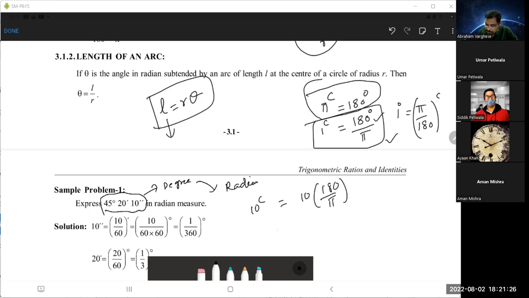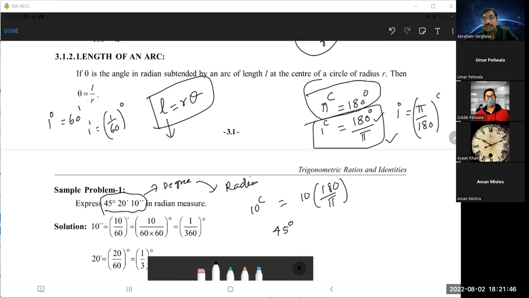45 degree, there is no issue. So we can write 45 degree. Now 20 minute, we need to convert to degree. How do we convert? We know that 1 degree will be equal to 60 minutes. So what about 1 minute? 1 minute will be equal to 1 by 60 degree.